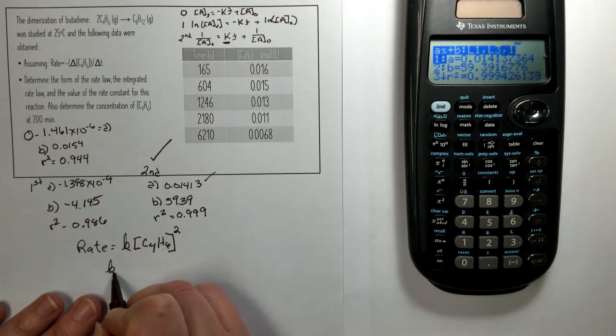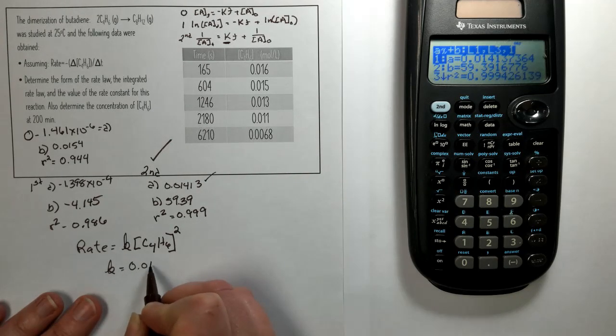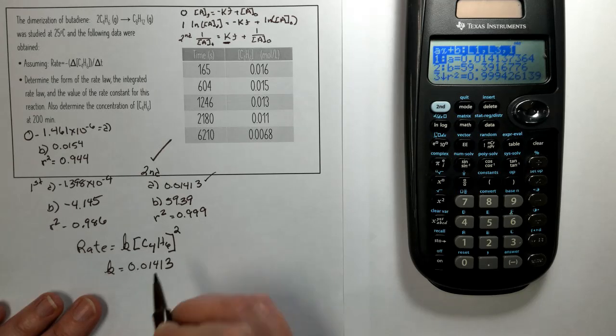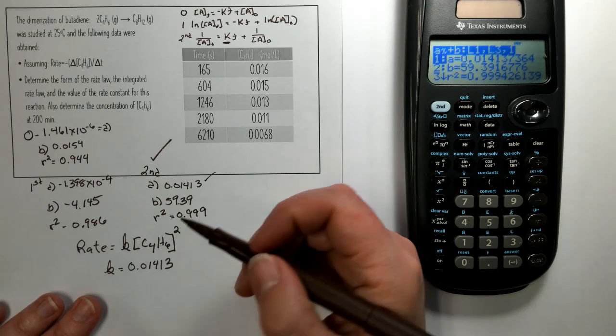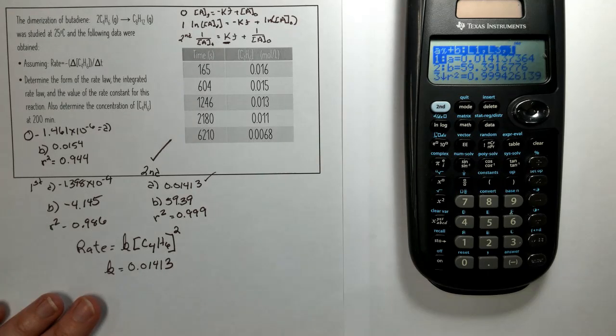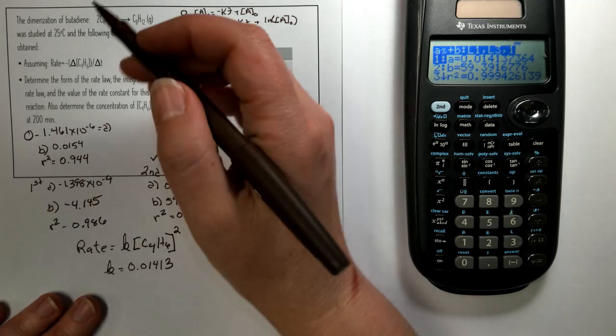So in this case, K is equal to 0.01413. Now that K does have units on it, and we'll talk about this in class, but often they get left out because they are not always the same. They're reflective of this order right here, okay? So that is the rate law.